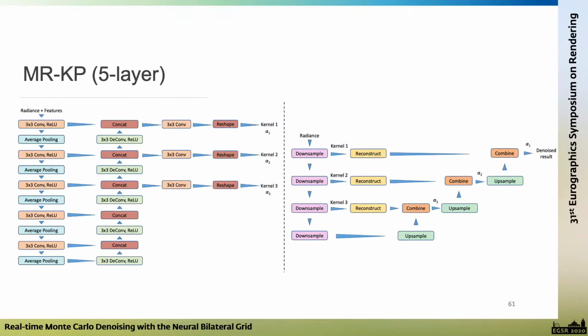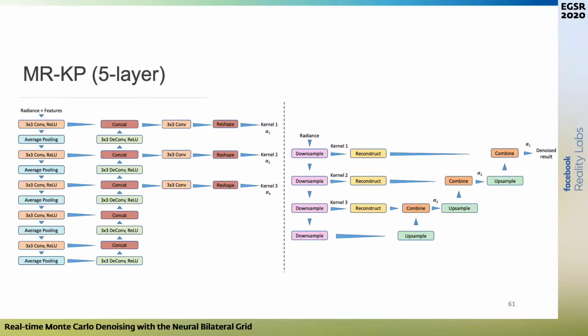Similar to our multi-scale design, we have adapted the multi-resolution kernel prediction denoiser, which decreases the runtime of a basic kernel prediction architecture to the order of tens of milliseconds. Hence, it is an important comparison point for real-time denoising. Details of the architecture of MRKP can be found in the supplementary material.